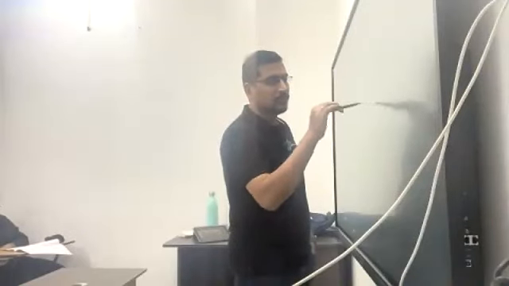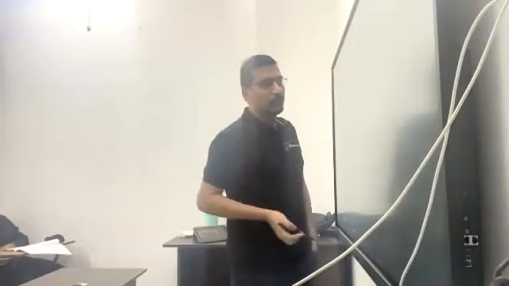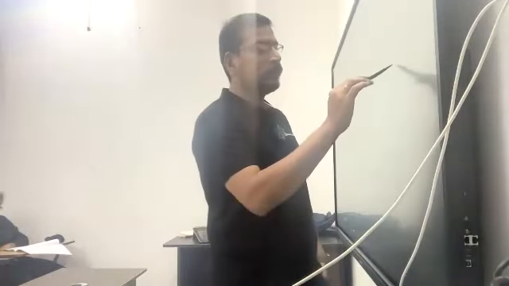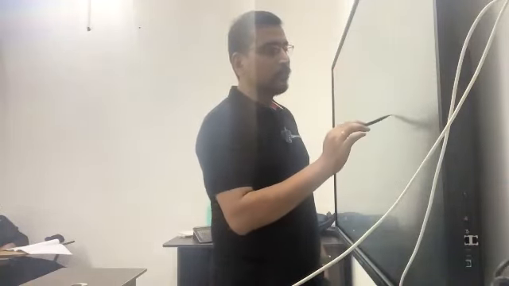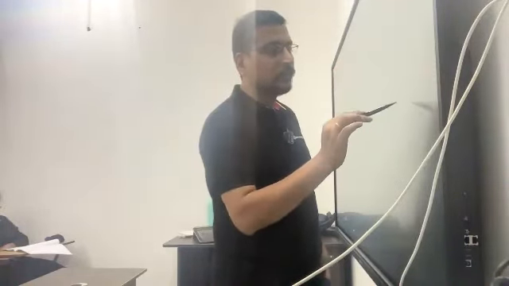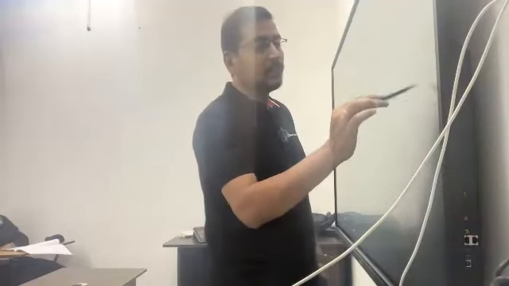This will go 3 times. This will go 2 times. This will cancel 45 times. So 45 into 3 is 135. So 135 by 2 is going to be 67.5 into 10 power 2 with a minus sign. So 6750 meter per second square is going to be the amount of deceleration it is experiencing, the retardation.